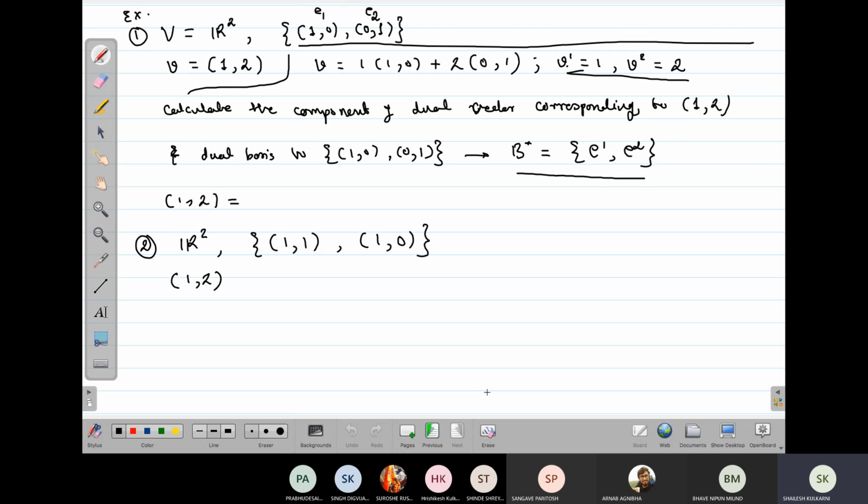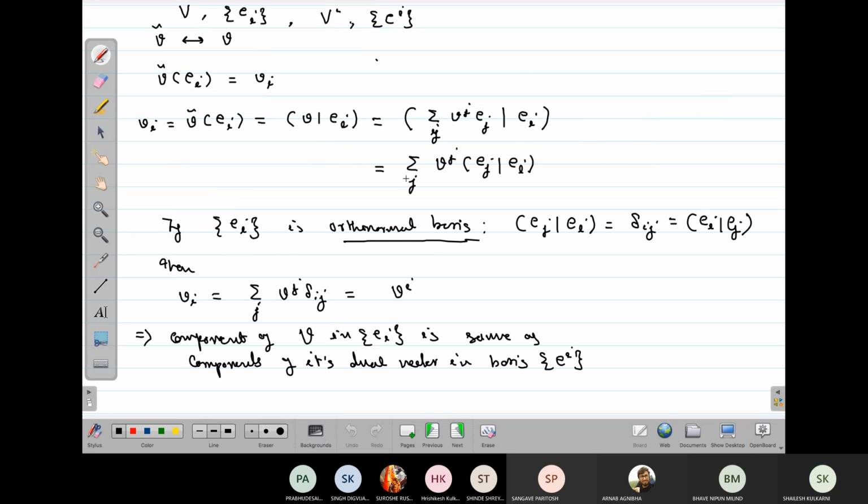So it means that for a given inner product space, the first point is that there is a natural correspondence between a vector and a dual vector. Given a vector, you know definitely what the components of the dual vector are.